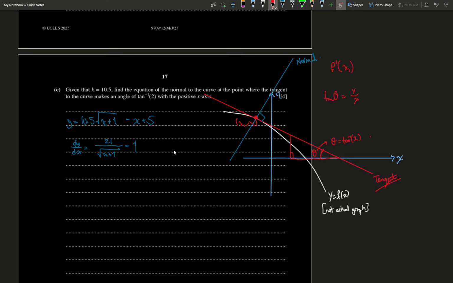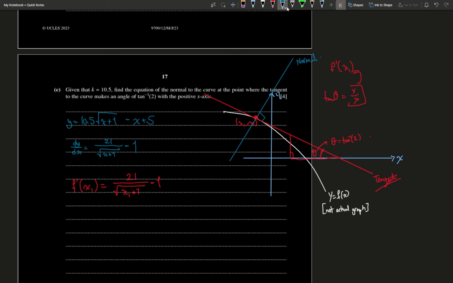So f prime of x1 is simply equal to 21 divided by the square root of x1 plus 1 minus 1. As we said, tan theta is equal to y over x, which is the derivative function.